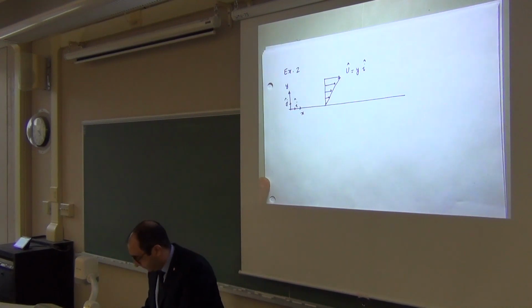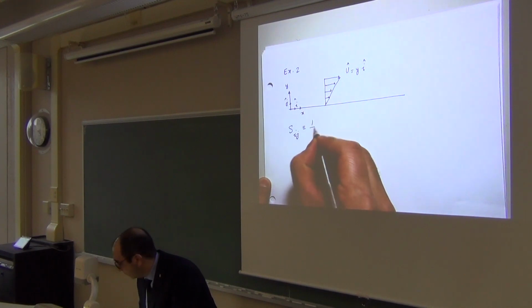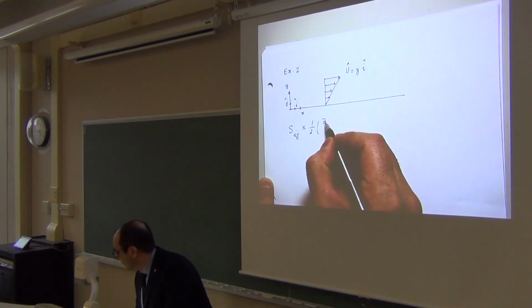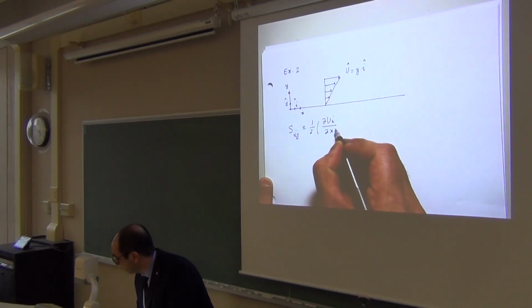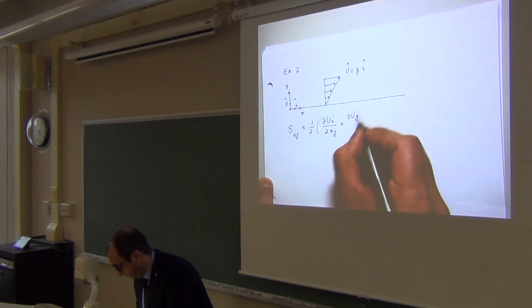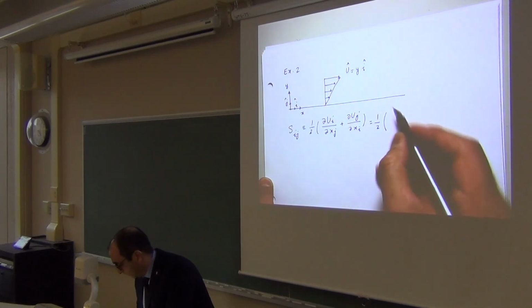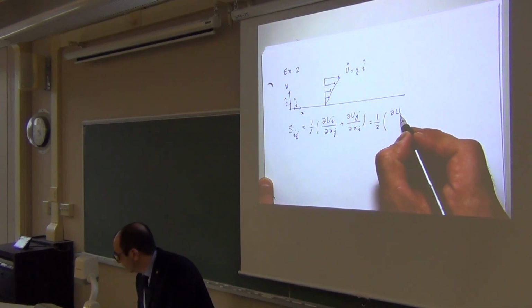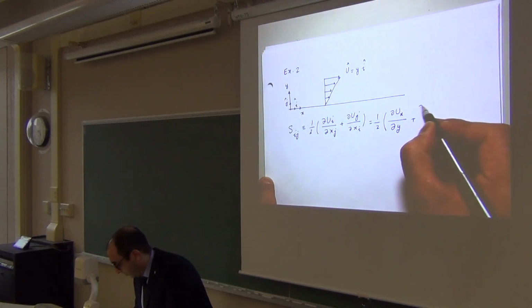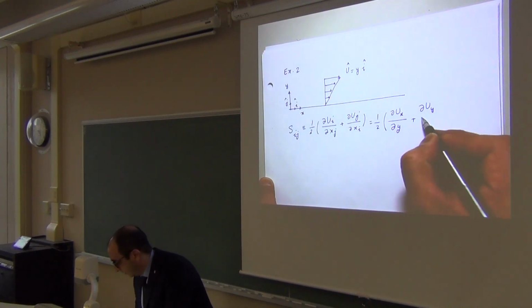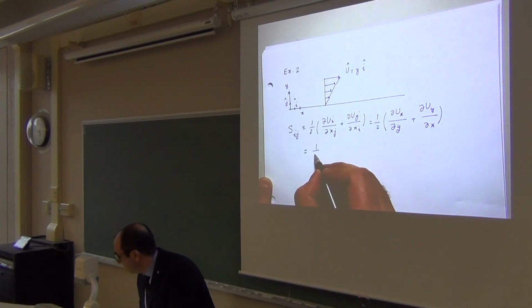And if I want to find the rate of strain, the tensor S_ij is by definition 1/2 of the partial of u_i with respect to x_j plus the partial of u_j with respect to x_i, which would be simply 1/2 of the partial of u_x by partial y plus the partial of u_y by partial x.